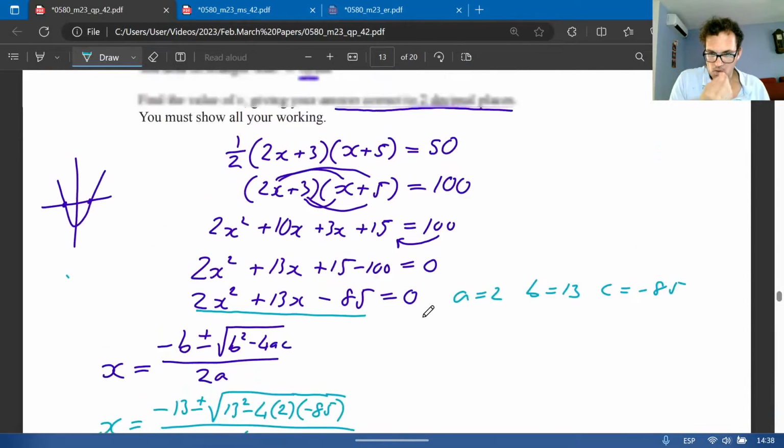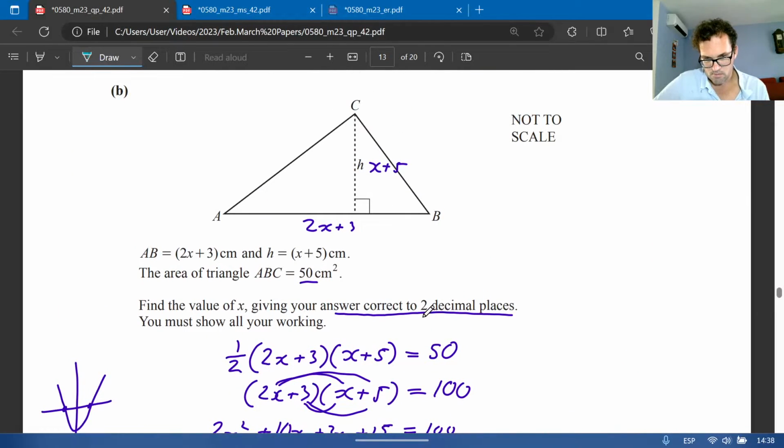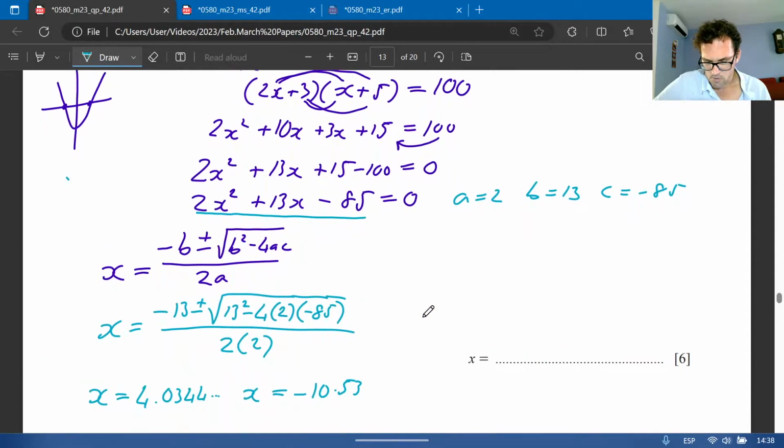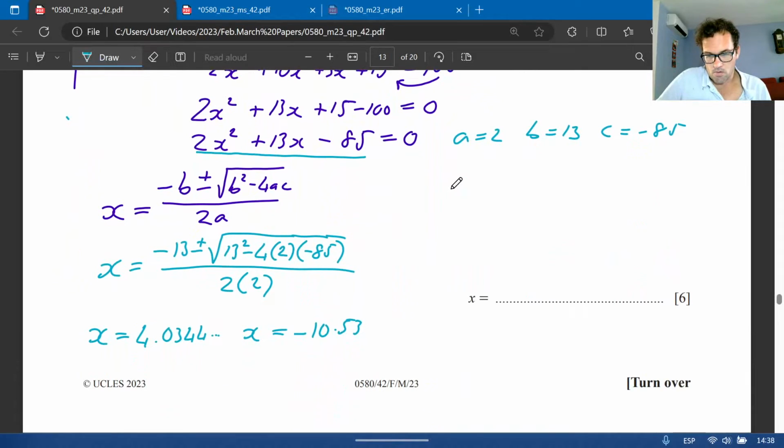Okay, but since we're talking about, what are we working out here? We're working out x. Can x be negative? No, x can't be minus 10.5 because that will give us a negative answer, and we're working with a 2D shape. In reality, it can't be negative. So we're looking at the positive answer here.